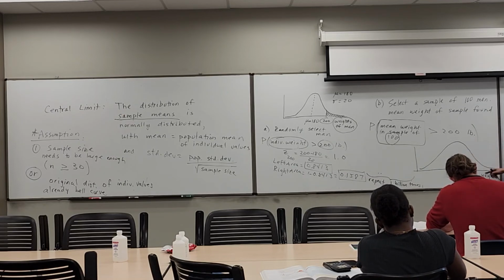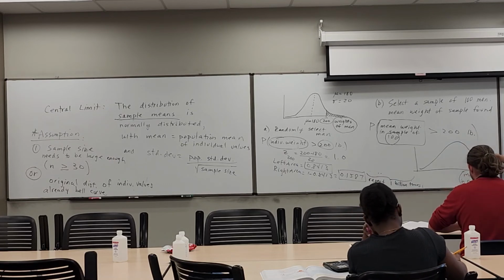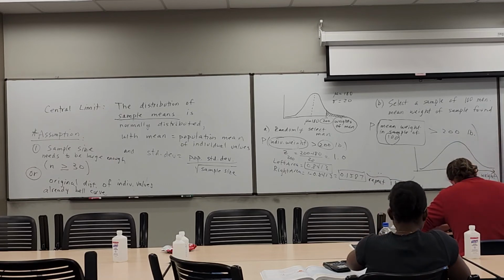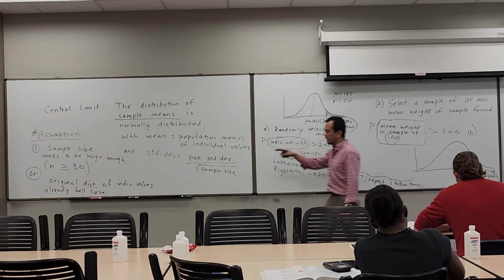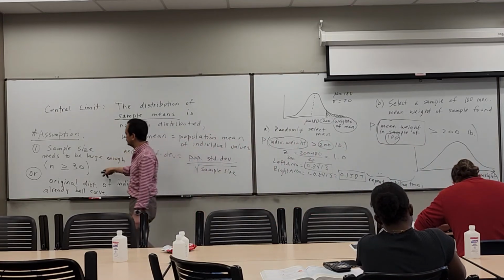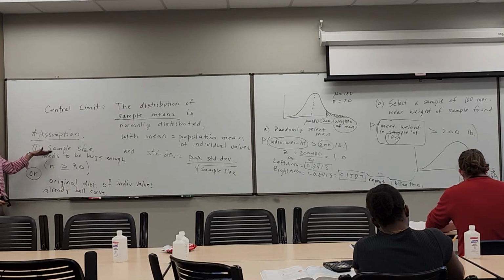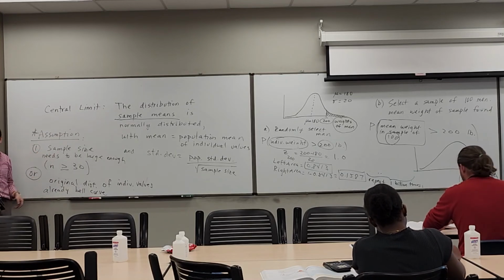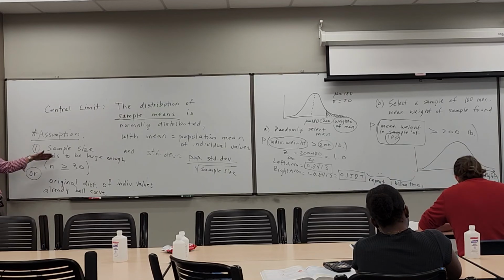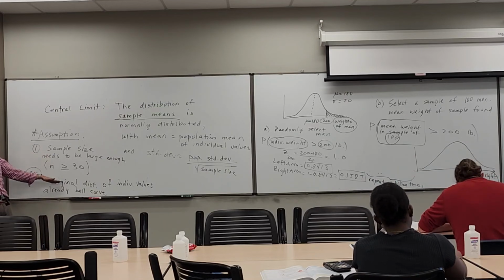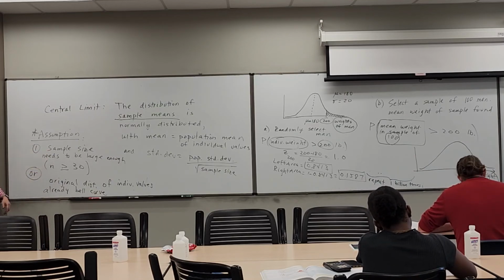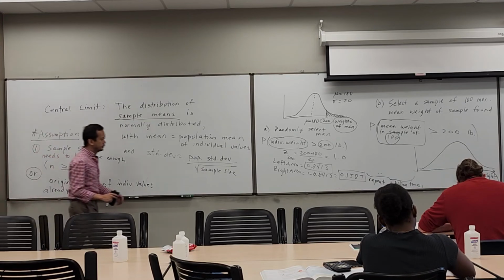So because we have a variable that represents a sample mean, we know that that's going to be a bell curve. Now, as long as the assumption is met, so let's verify that now, either the sample size needs to be large enough, at least 30, which it is here. So then we're done. We don't have to check the other assumption because only one of them needs to be true, not both.